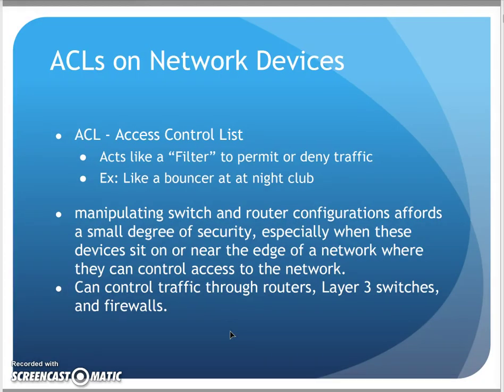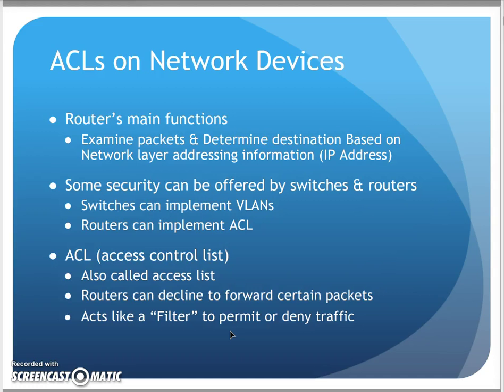We're going to do these in our firewall, and we're actually going to do these in our router too, just a little heads up. Our router's main function is really to examine packets and determine where they belong by IP address. But I can have some security done on things like my switches and routers. Switches can implement VLANs, kind of containing users, meaning you're not going to leave this fenced in area.